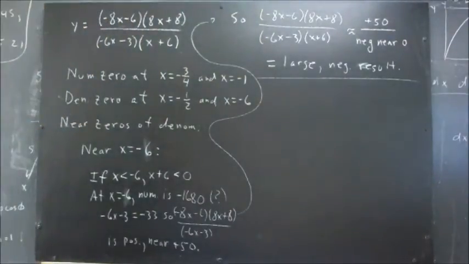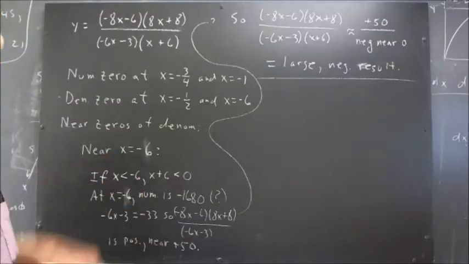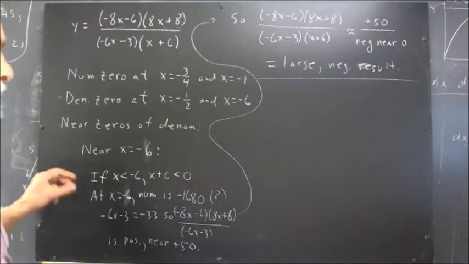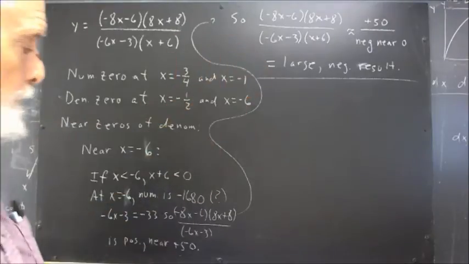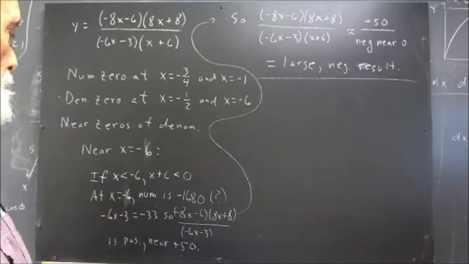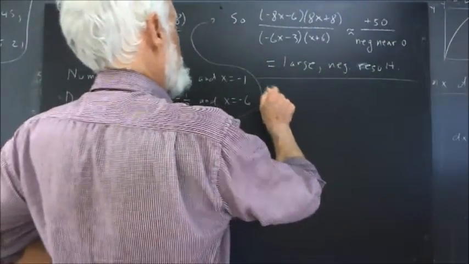Okay? Now, if x is on the other side of negative 6, if it's a little greater than negative 6 but close, I should declare that everything we said here is true except that the denominator will be a positive near 0.